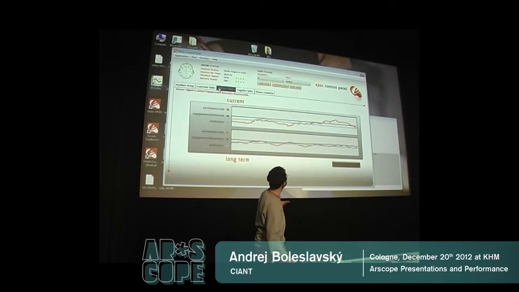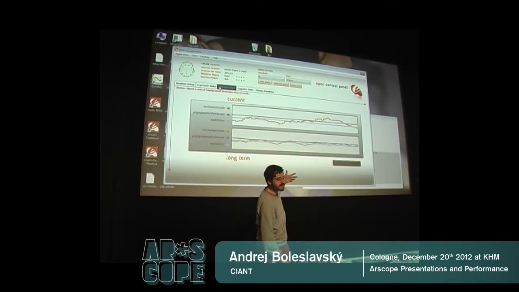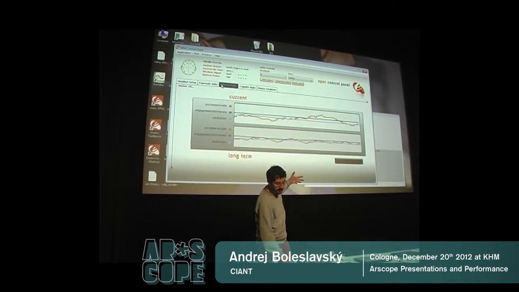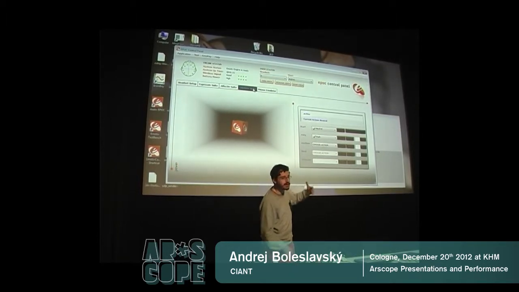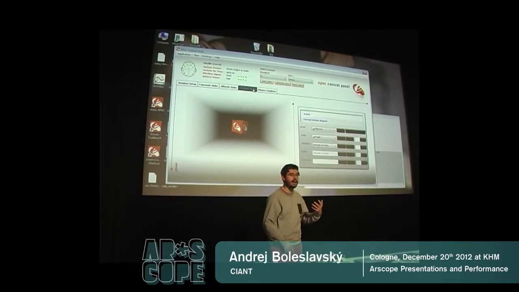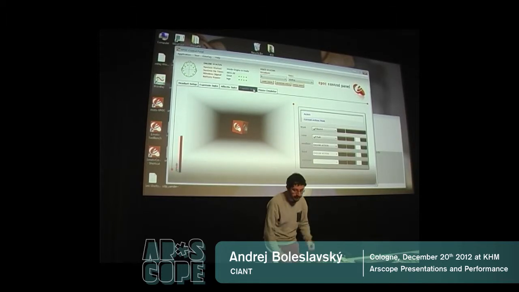It also recognizes mental states such as frustration, meditation, and engagement. And then the most interesting and important part is the part which recognizes mental commands. So you can train the computer and give commands to the computer just by thinking about a certain thought.